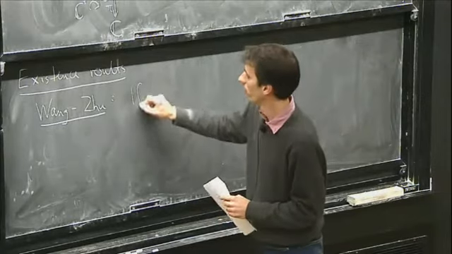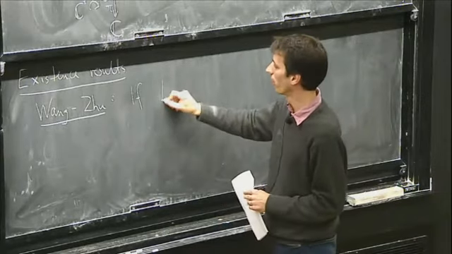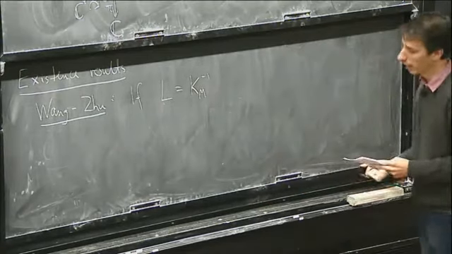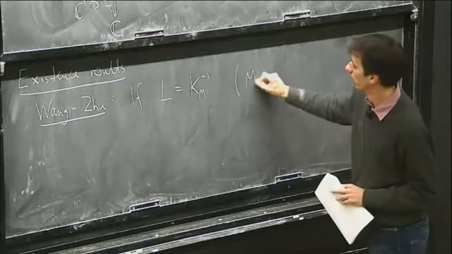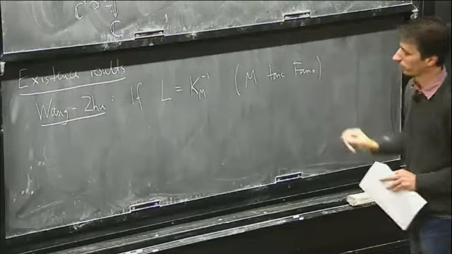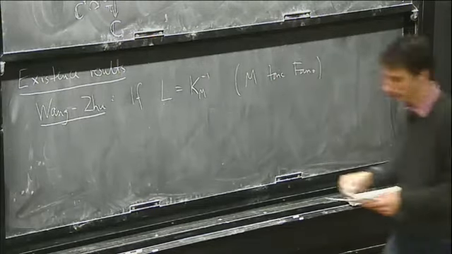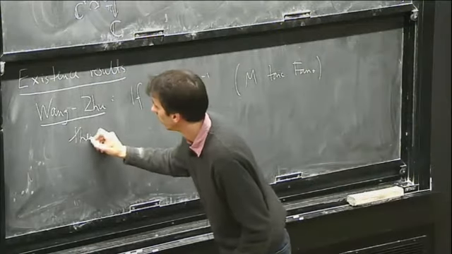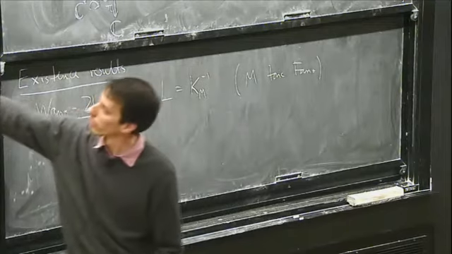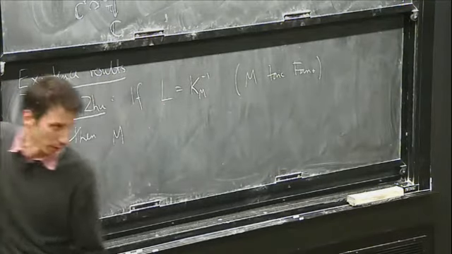So if we're in the Fano case, so if L is the anti-canonical bundle, then it's enough to check just this last condition.